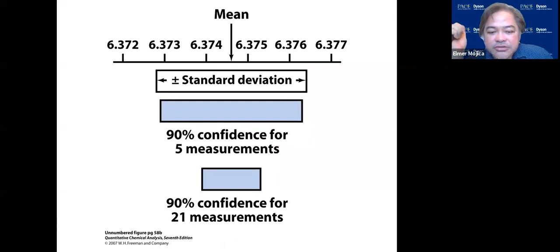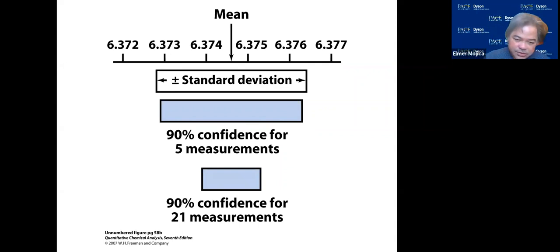Now, how are we going to improve the 90% confidence interval? How are we going to narrow it? This is an example wherein they compare the 90% confidence interval for 5 measurements and for 21 measurements.